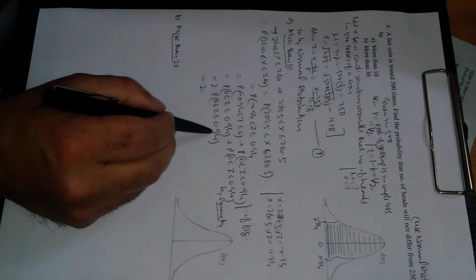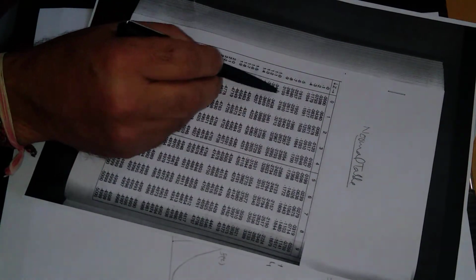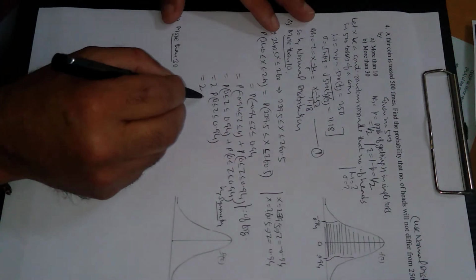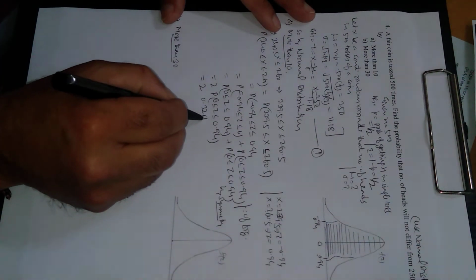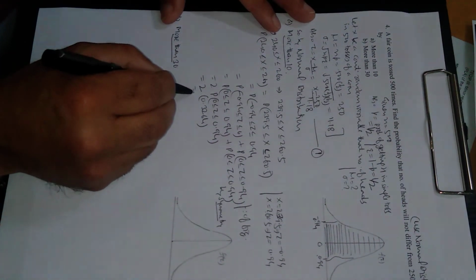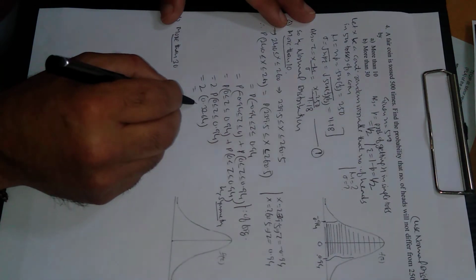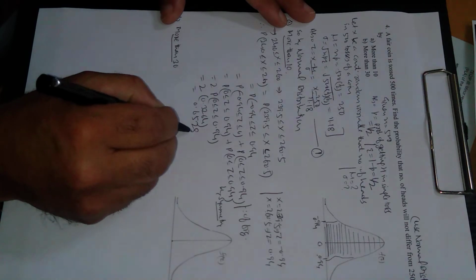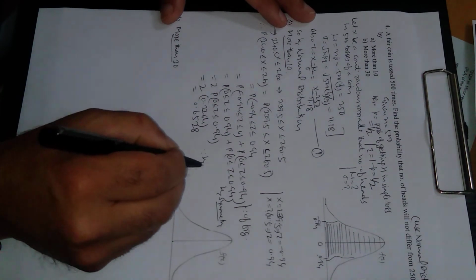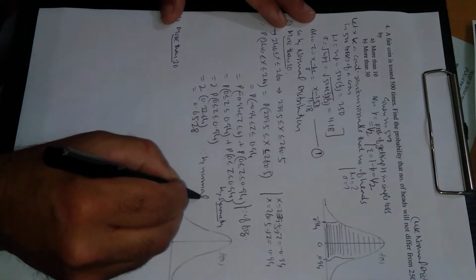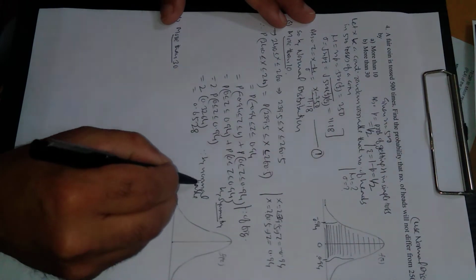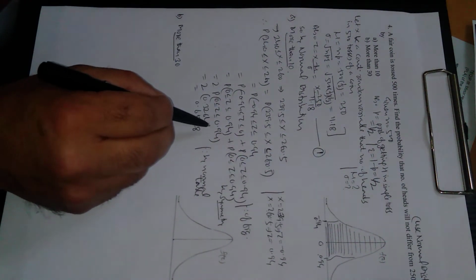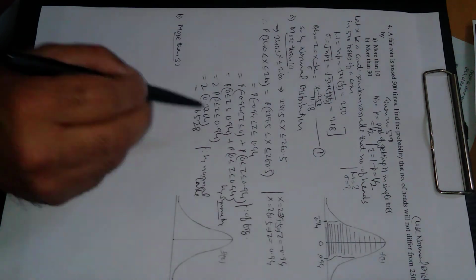Go through the row 0.9 and below the column 4, the value is 0.3264, which on simplification comes out to be 0.6528. Just check the highest value of z in this range, which is 0.94.